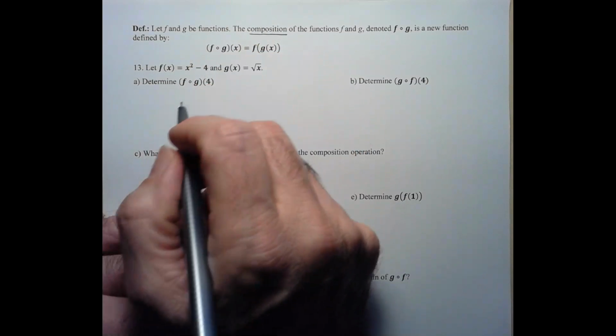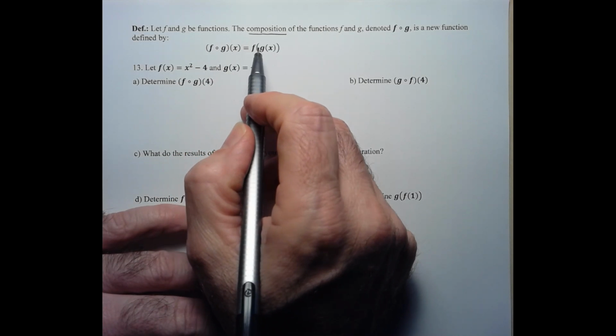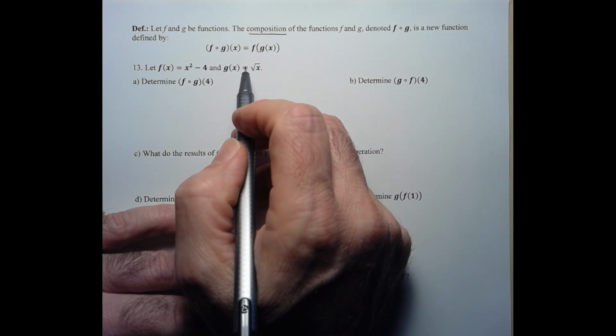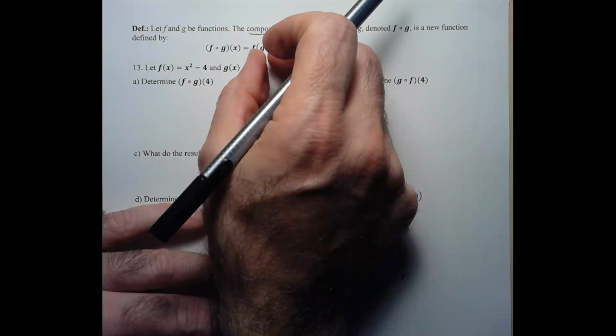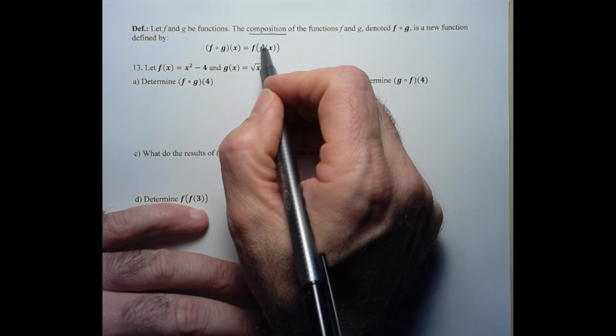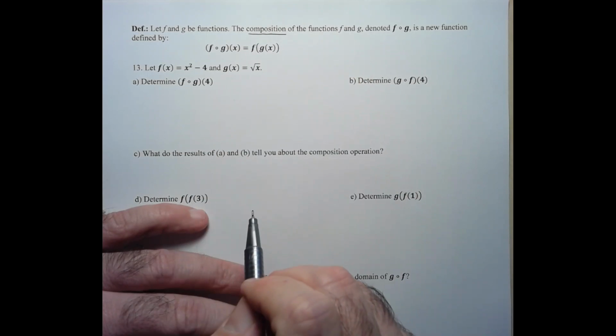And our definition for this new function, it's defined as f of g at x. That's how we say it, f at g of x. Okay, and as we see, we always go from inside out. You have an input that goes into one function, and then the output of this function becomes the input to the next function.